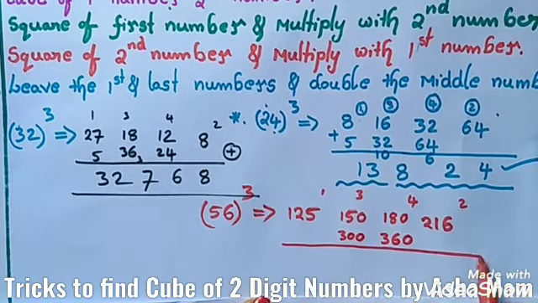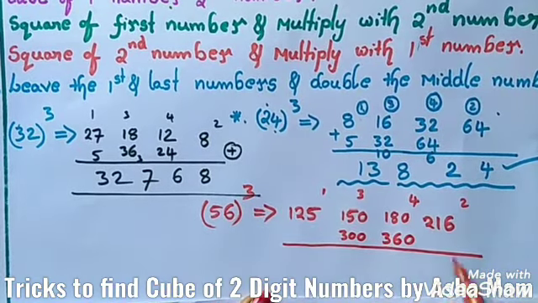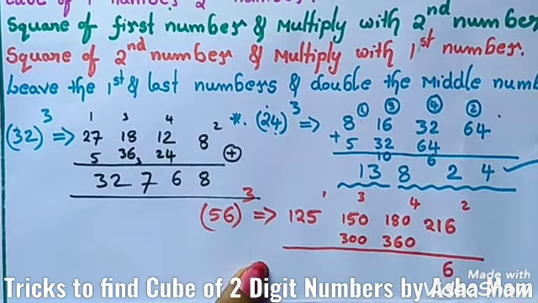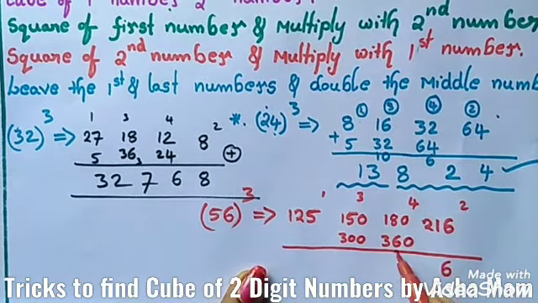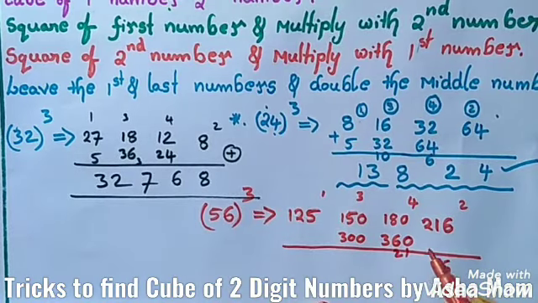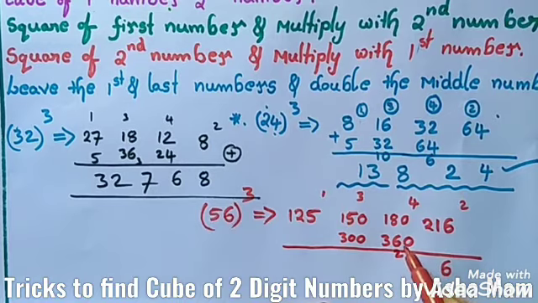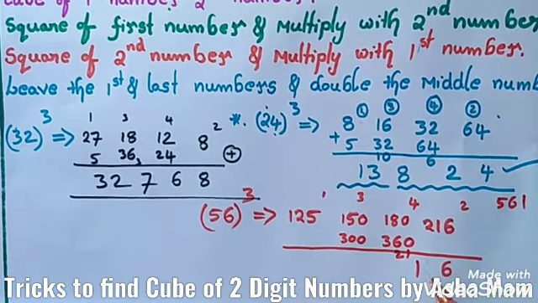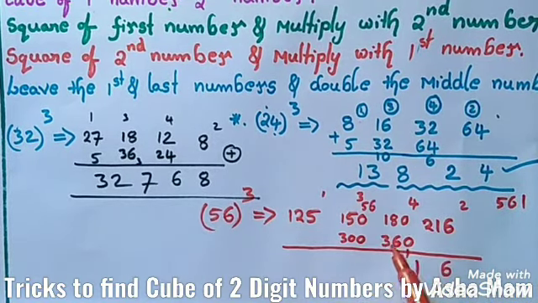Now simple. Now addition. Here is 216. So you have to take the units place only 6. This 21 is carried forward. Now 180 plus 360, that is 540. 540 plus this 21, 561. 561, the one we have to write here. 56 is carried forward.